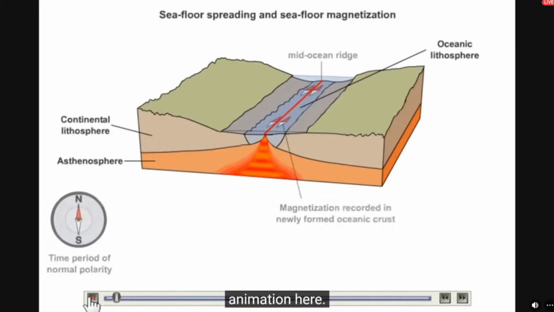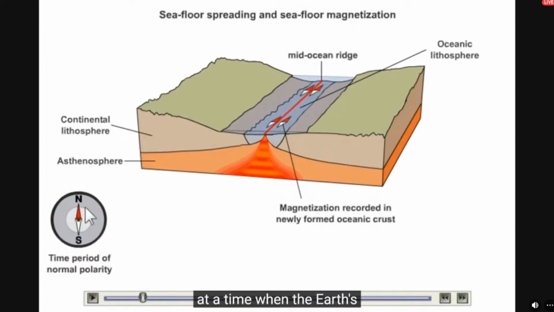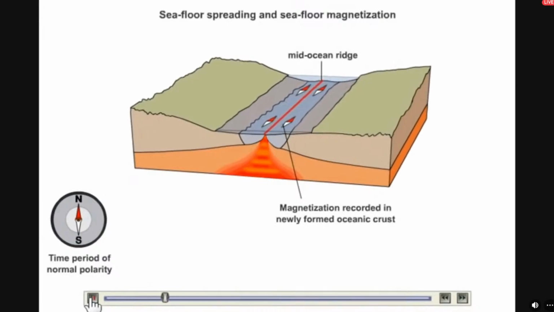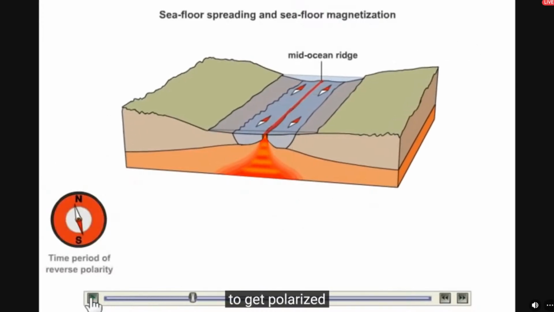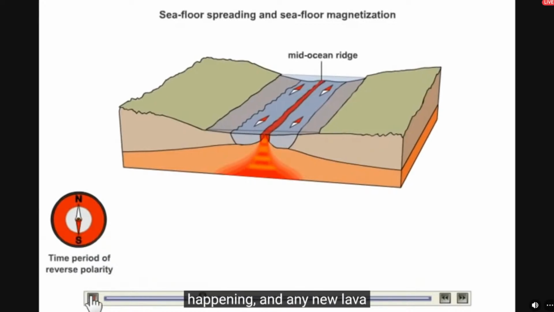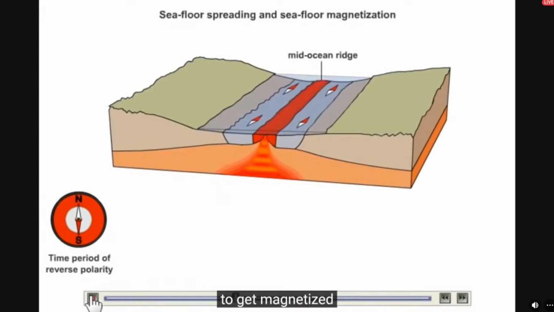So we'll start the animation here. We're going to start it at a time when the Earth's magnetic field is like today, what we call normal polarity. And as the seafloor spreads, it's all going to get polarized in the direction of the magnetic field, shown by the blue part of the ocean floor. But now we have a reversal happening, and any new lava that erupts is going to get magnetized in the opposite direction.